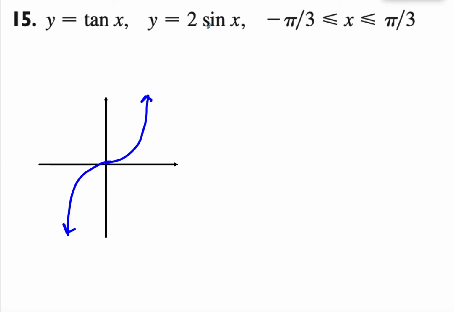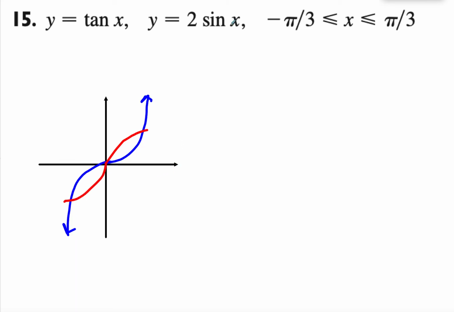Now, how about the sine graph? Sine is going from here, and as x approaches pi over 2, it becomes about right over here. This value would be equal to 2, let us say, and then here as well.